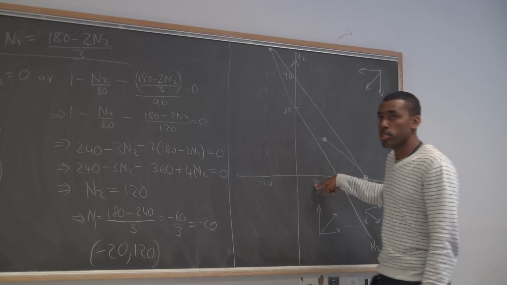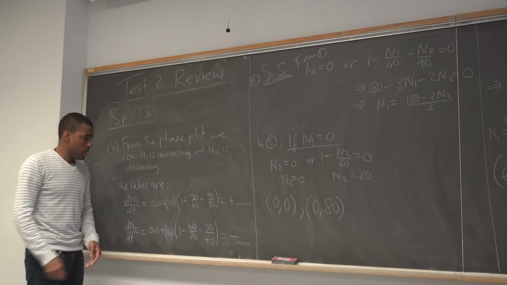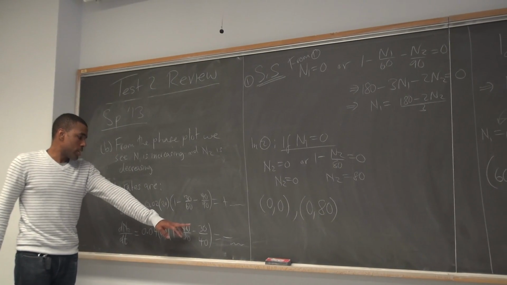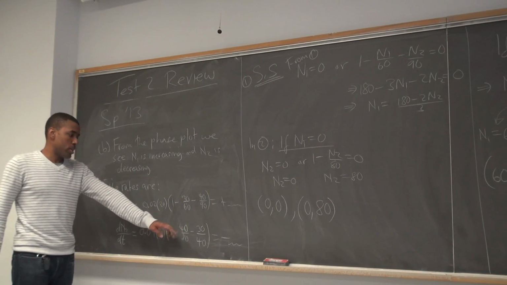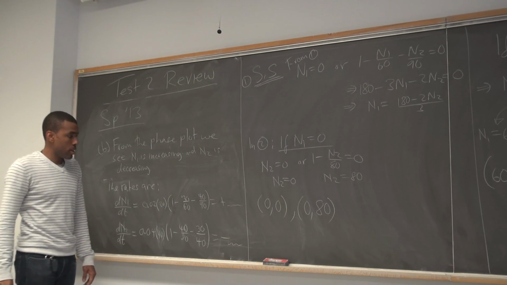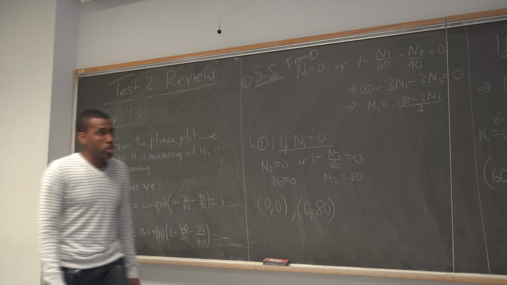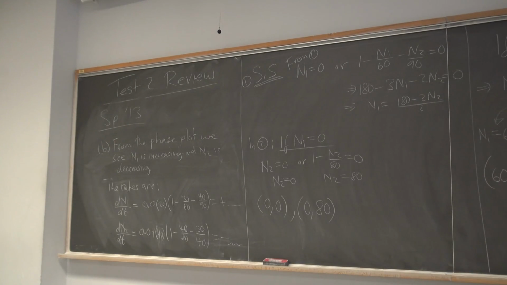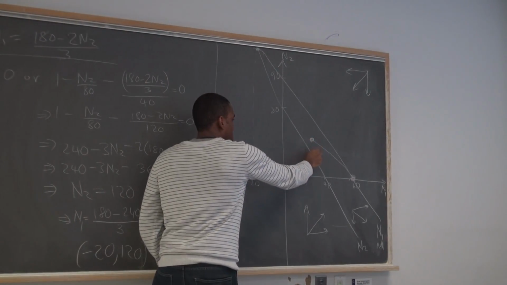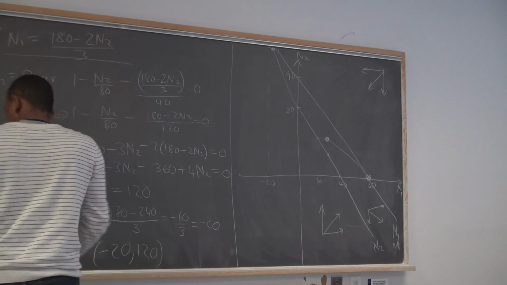If you plug N1 equals 30 into that line, you can see how big the number would be. Since you know the equation of this line, you'll know what points are on it. When N1 equals 30, what is N2? You solve for it. Let me write it out.